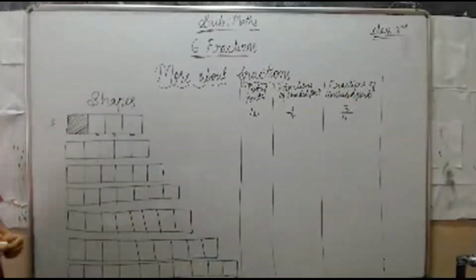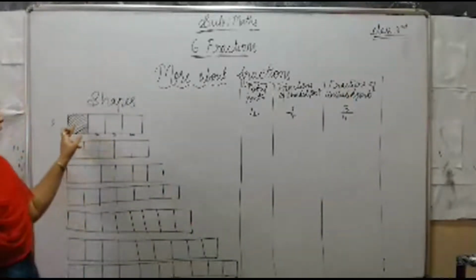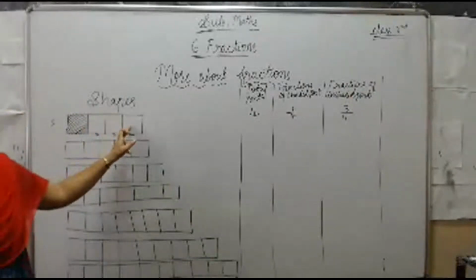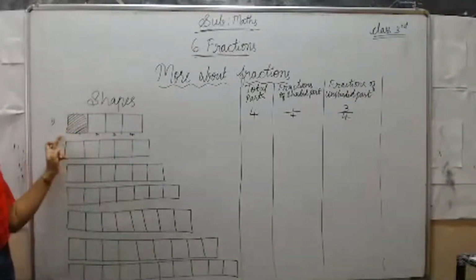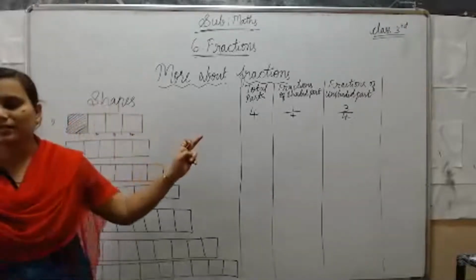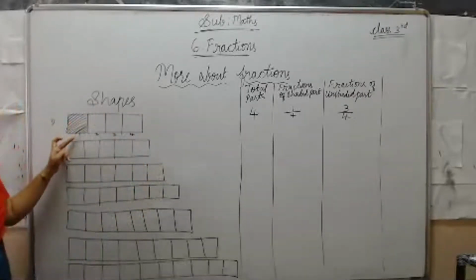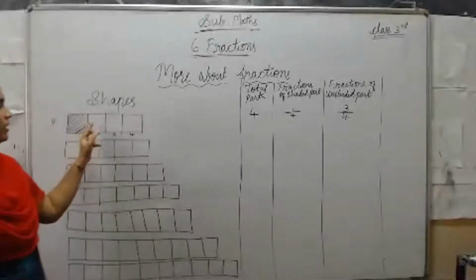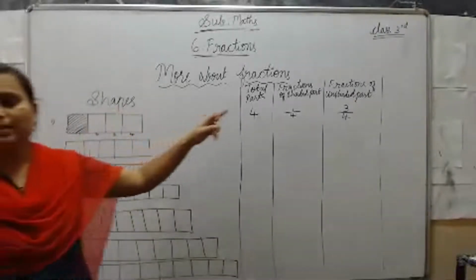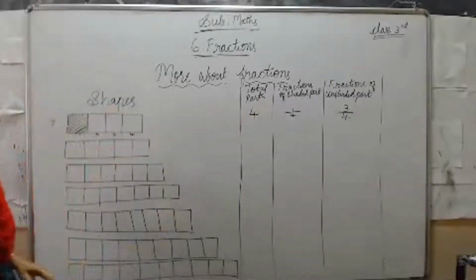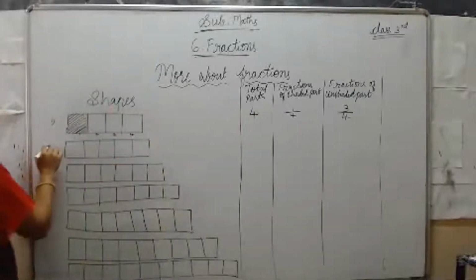Do you understand? In this one, total 4 parts are there. I have shaded this first part, so we will write 1/4. Unshaded part, 3 parts are there. I am writing here 3/4. Yes, let's move to the next shape.